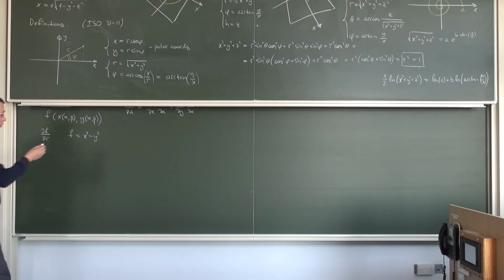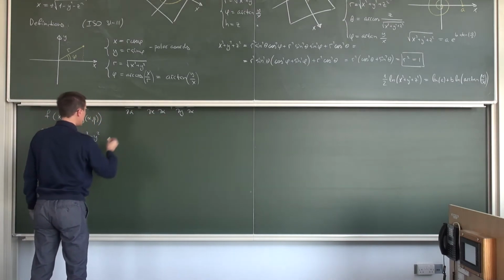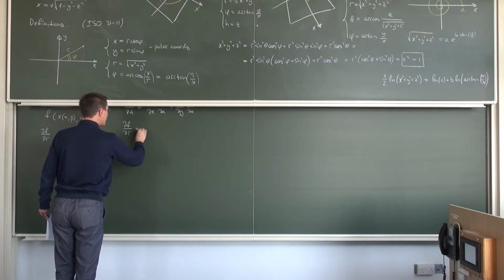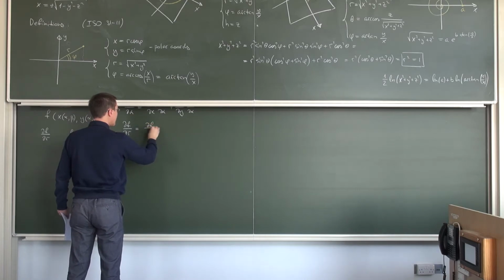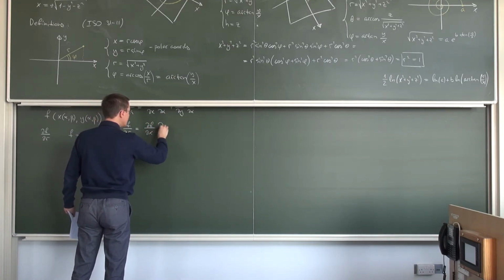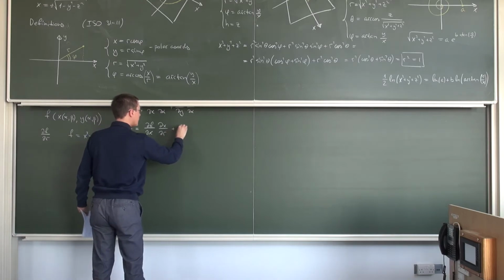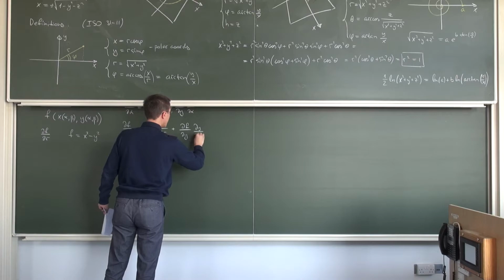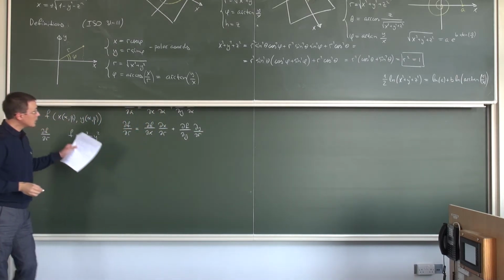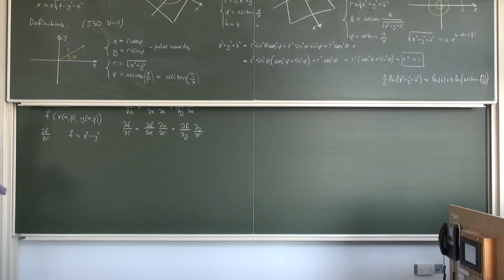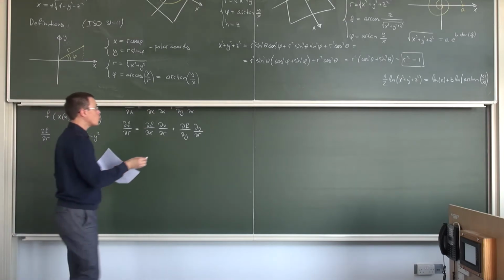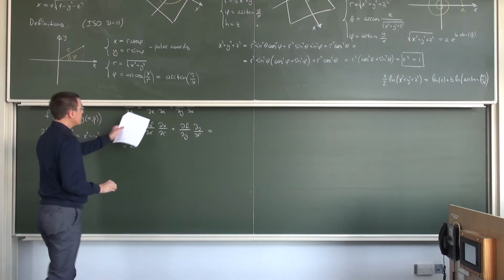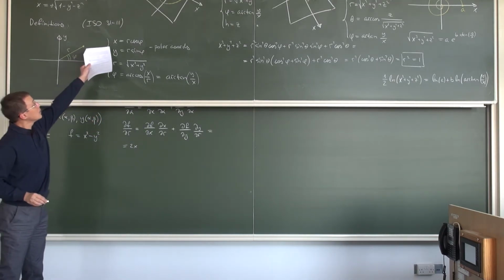So let us do that. What we need to do is to just literally apply that rule. So df by dr is going to be df by dx, dx by dr plus df by dy, dy by dr. Okay, and here we actually know all of the derivatives. Df by dx is just 2x. dx by dr is cosine phi.